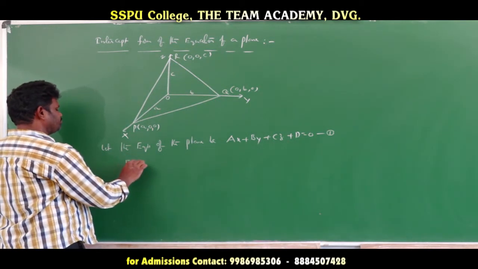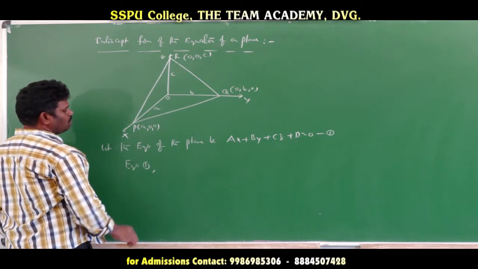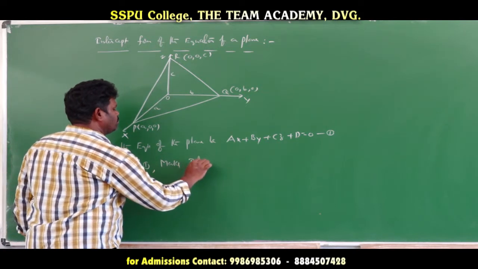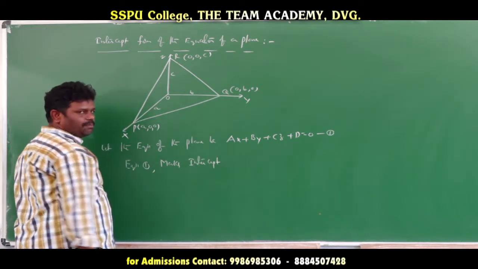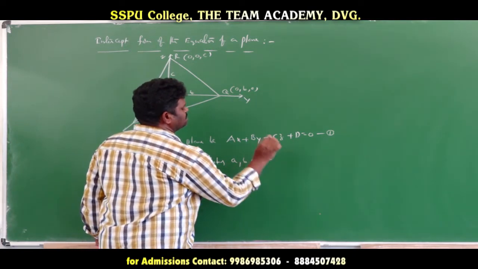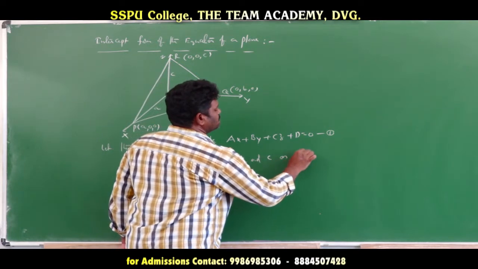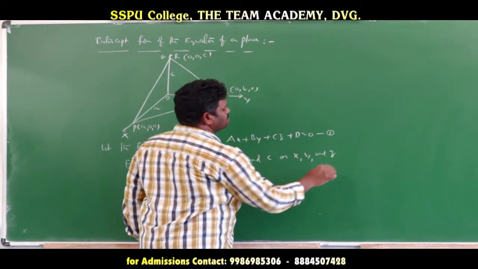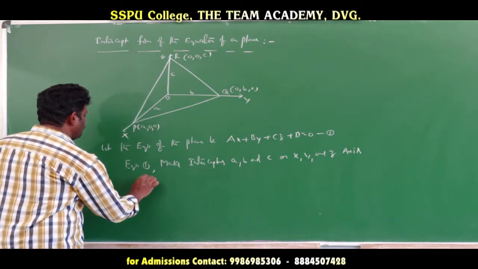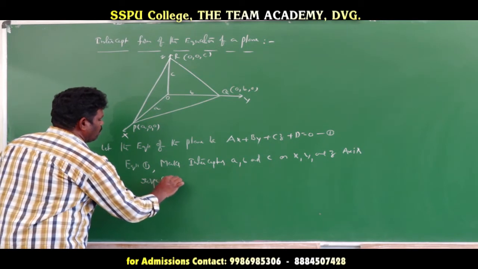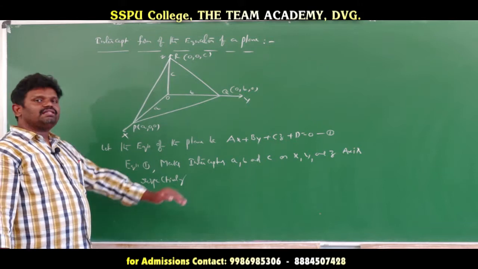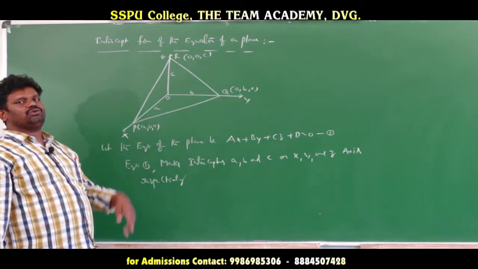Equation 1 makes intercepts a, b and c on the x, y and z axes respectively. When the plane makes intercepts, it automatically passes through those points.